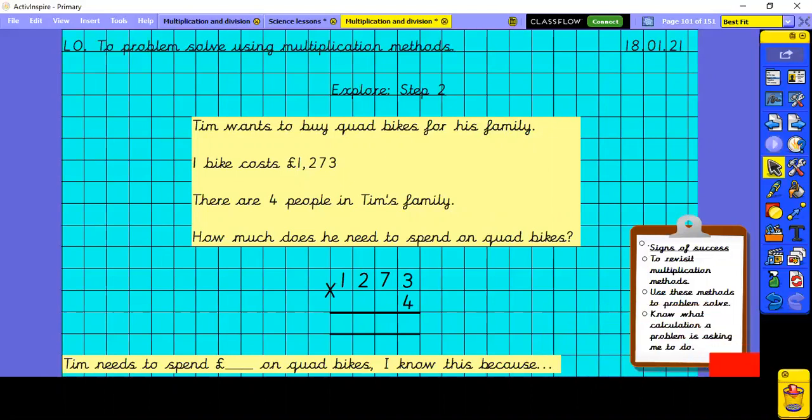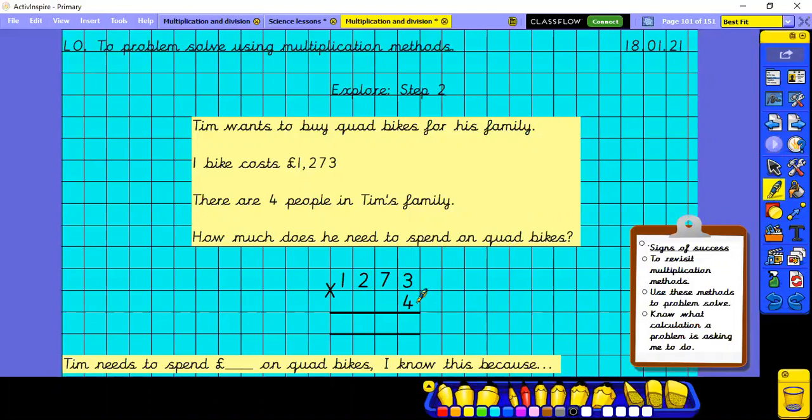Okay, so this problem is asking you to multiply 1273 by 4 to find our answer. So this example is with column method, but you can use a different method. So let's have a look at what our answer would be.